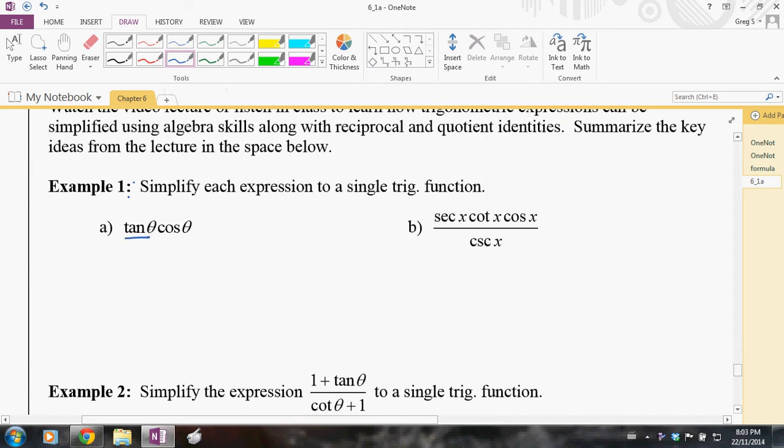You can sort of think of those as the building blocks of the other functions. So if you put everything in terms of sine and cos, that's always a good step to try out first. So if we take tan, we're going to substitute in the identity for tan, which is the sine of theta over cos of theta, multiplied by the cos of theta.